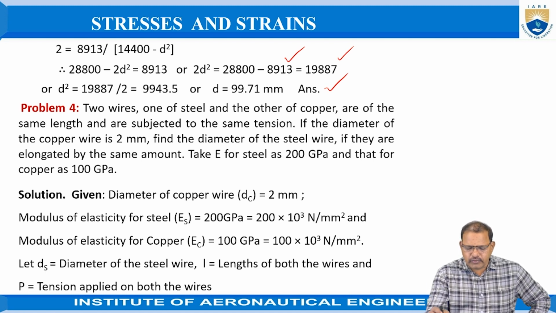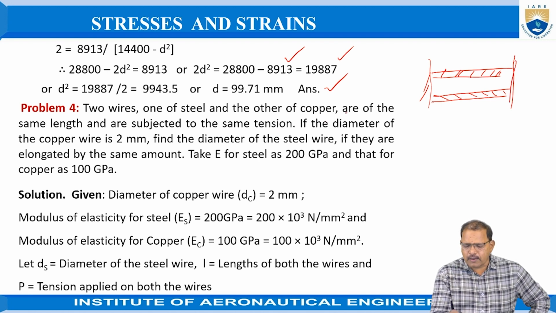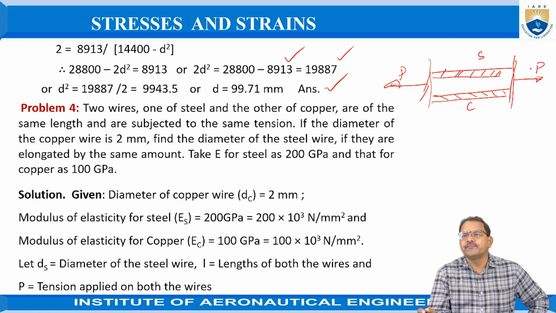Here the two wires are given. Two wires, one of steel, another of copper, of the same length, are subjected to the same tension. That is, the load applied is the same for both the materials.